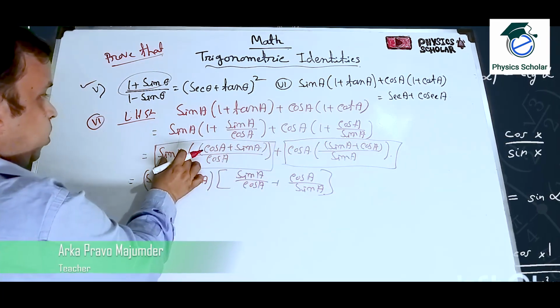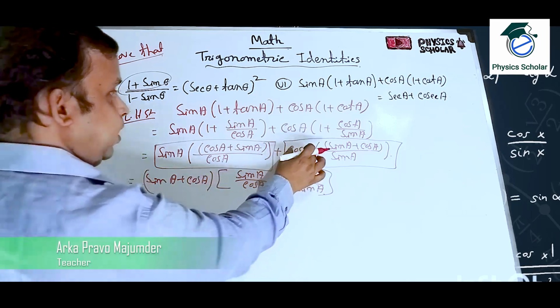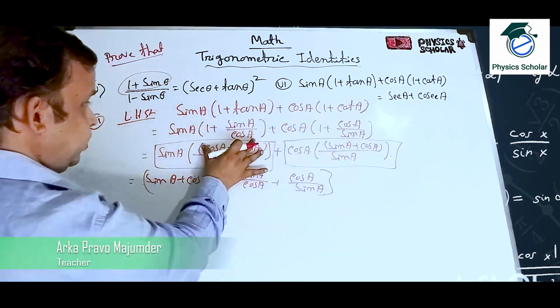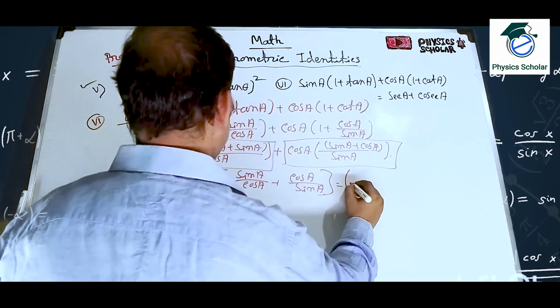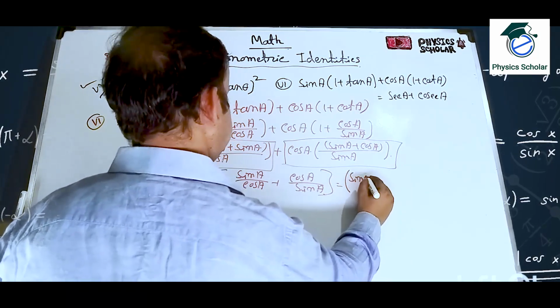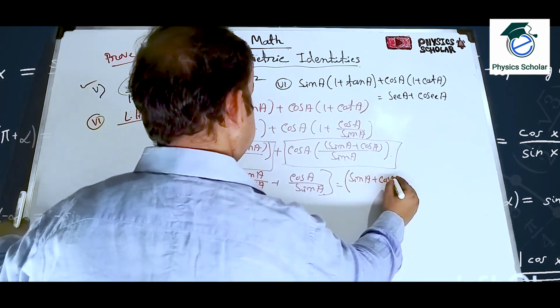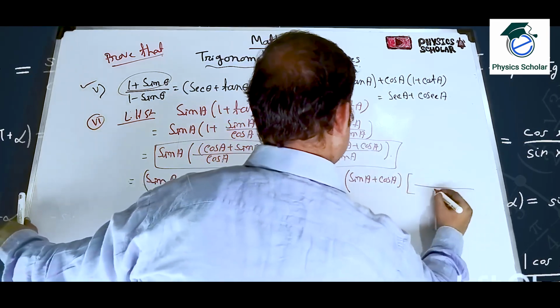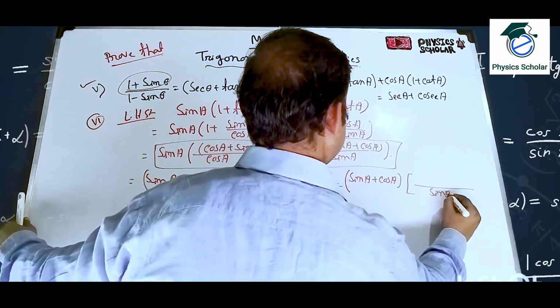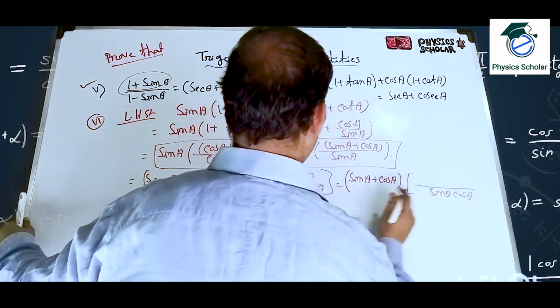So left here is only sin A by cos A plus cos A by sin A, because this part we have taken common. So what is that? Sin A plus cos A into, sin A cos A will be the LCM.